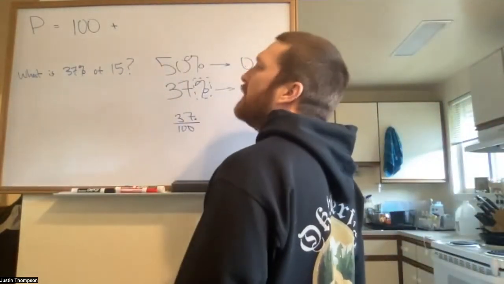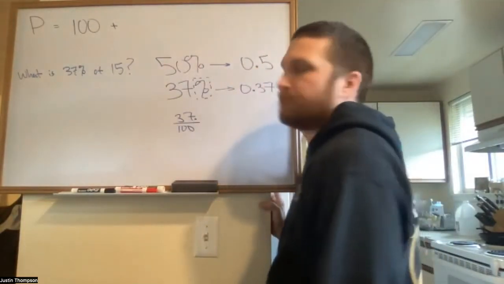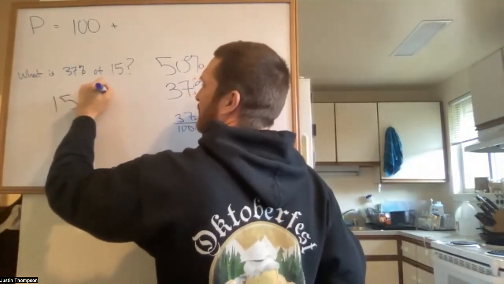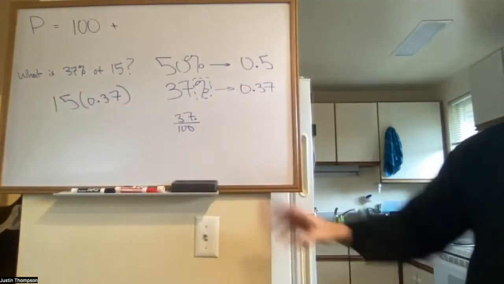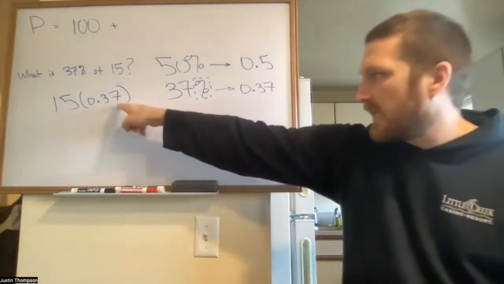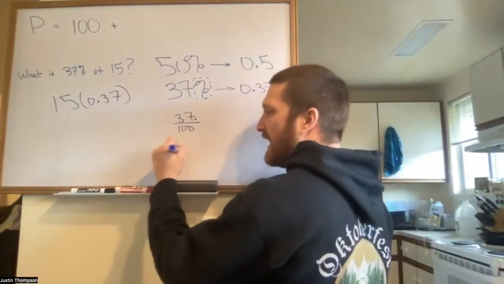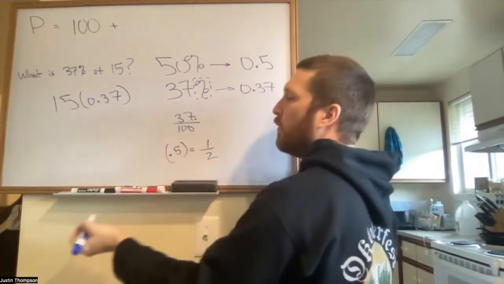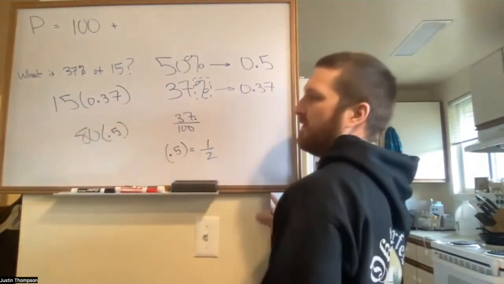Would you multiply 0.37 times 15? We go 15 times whatever that percentage is. Again, that's what you're doing right here. Like this means the same thing as that. Just the same way that like 0.5 means 1/2. And so when we wanted to find 50% of 80, I multiplied it by 0.5.